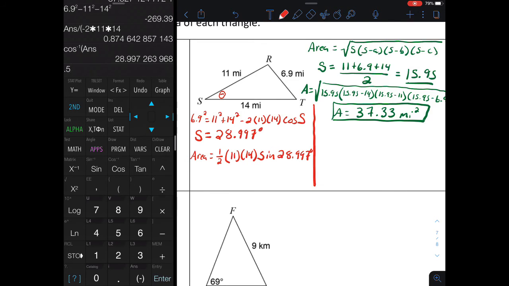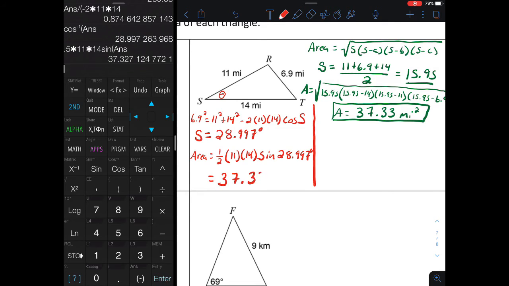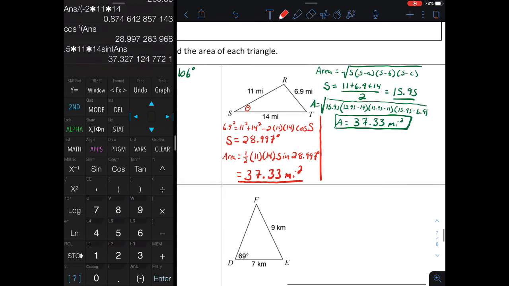So 0.5 times 11 times 14 sine of that decimal we got, and that gives us 37.33 square miles. So which way I do it doesn't really matter. I get the same answer either way. So I can use Heron's formula, or I could solve for an angle and use my side angle side formula.